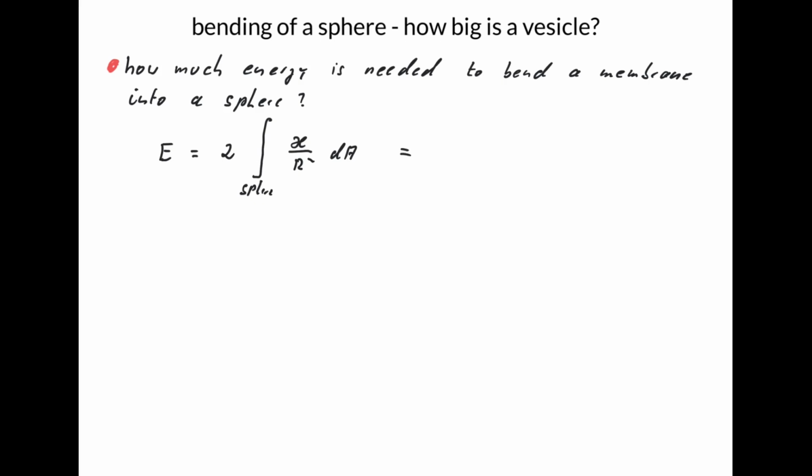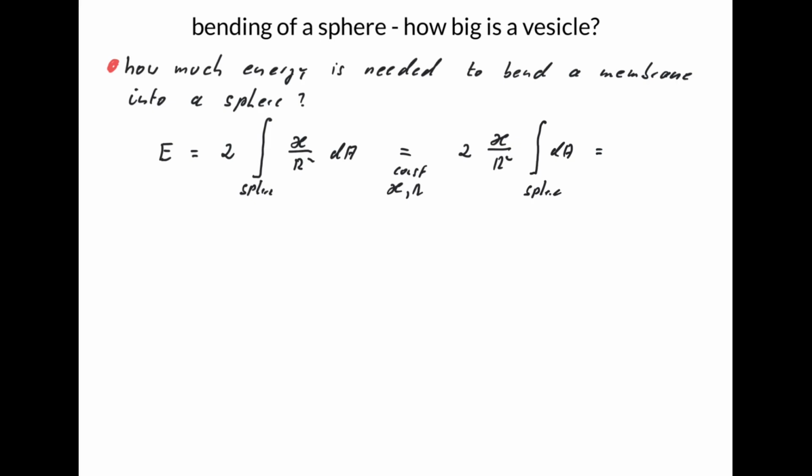Assume that kappa and also the radius of the sphere are constant. These two factors we just take out of the integration, and we obtain that the energy is equal to 2 times kappa divided by r squared times the integral on the surface of a sphere, being 4 pi r squared.